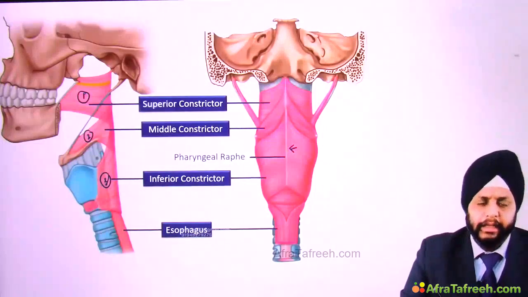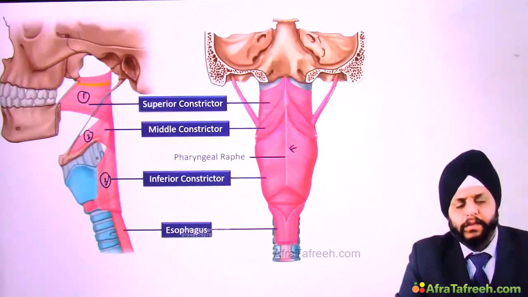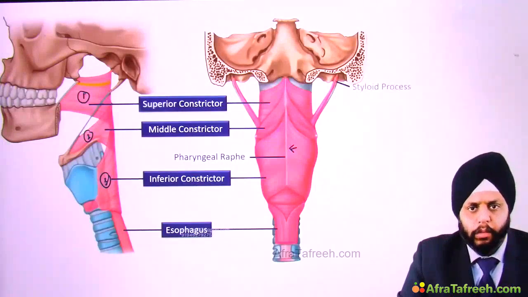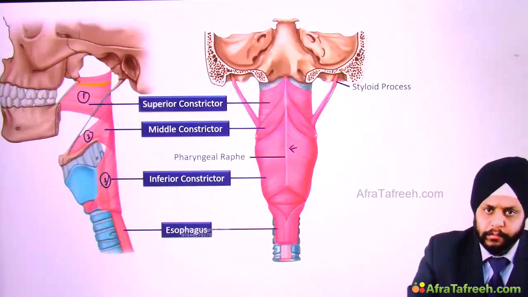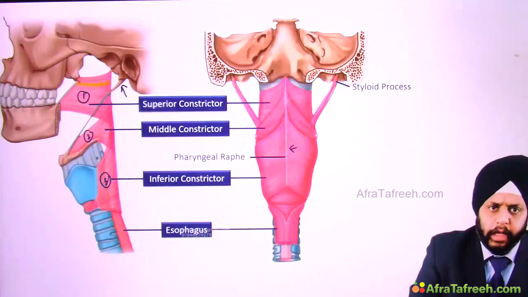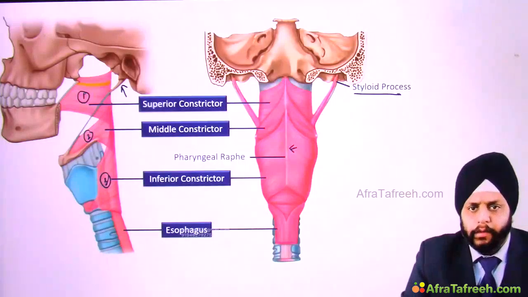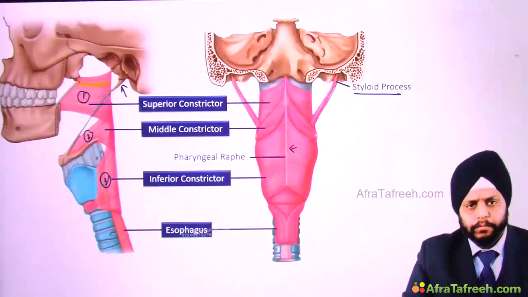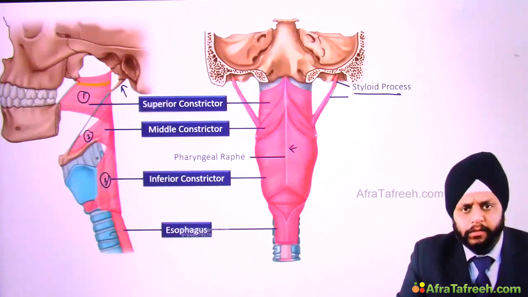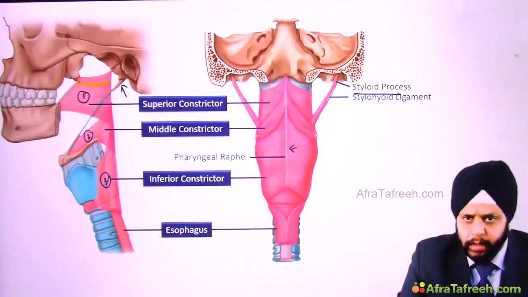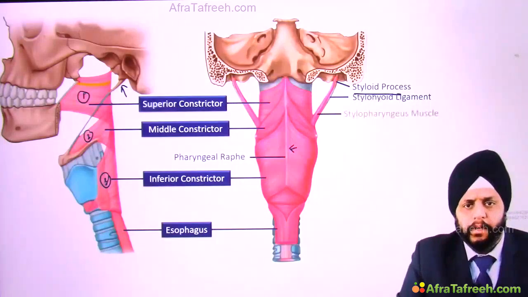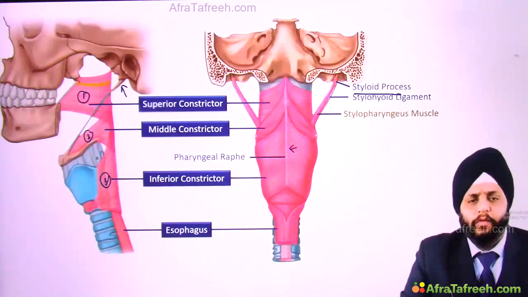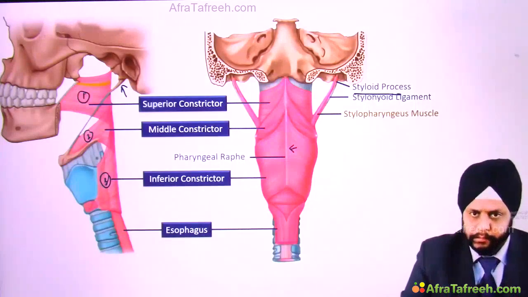Okay, other than these 3 constrictor muscles, what else can we see in these diagrams? We can see over here the styloid process. Okay, so you can see this is the styloid process. From this styloid process to the hyoid bone runs a ligament that is known as stylohyoid ligament, and we also have a muscle that is known as stylopharyngeus muscle, right?